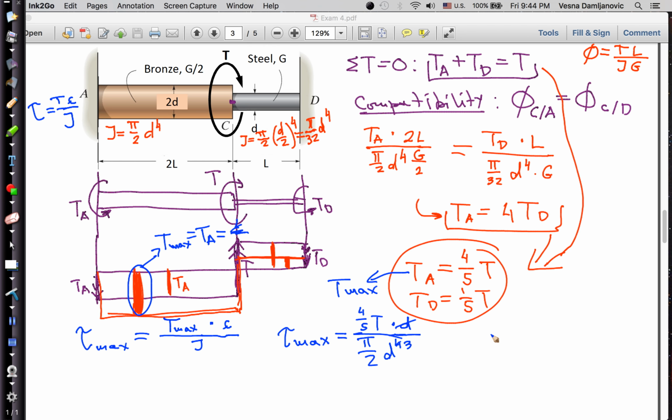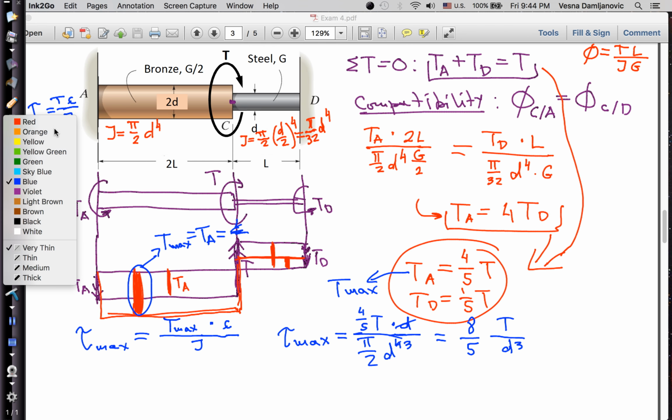This becomes a 3. And finally, we have that it's equal to, the 4 goes up, so that's 8/5 of T over D to the 3rd. And we need to find T.